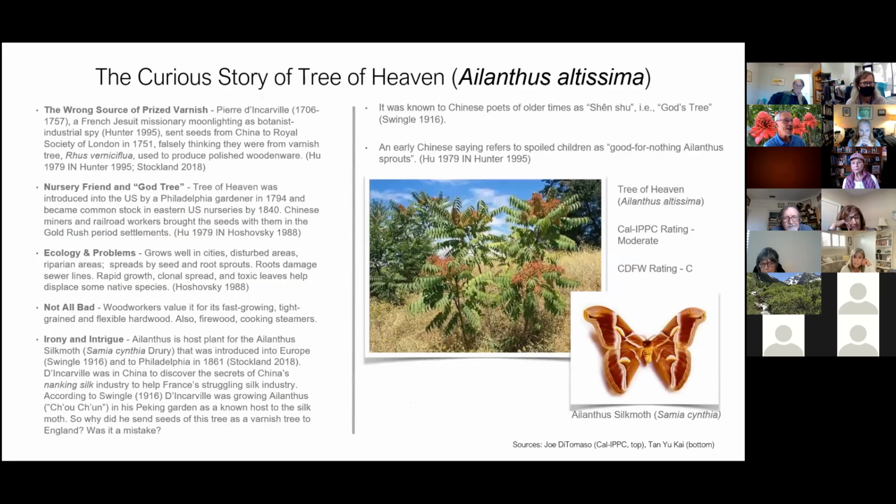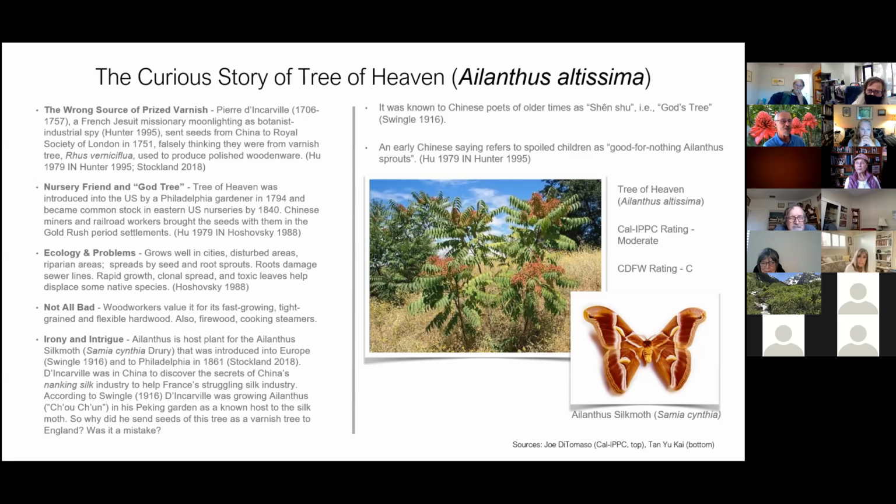So here's a curious story. Tree of Heaven was brought in to the United States. First, it was brought from China to Europe, and the way it was brought was this gentleman, I don't know if it's a gentleman, he was a botanist industrial spy, Pierre d'Incarville, who in the mid-1700s went to Peking, and he was a French Jesuit missionary moonlighting as a botanist industrial spy.